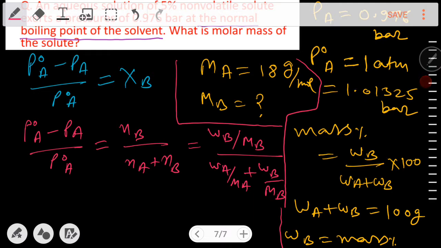Whenever a solution is dilute, we can ignore the value of WB by MB in the denominator, because the value of WA upon MA is larger than WB upon MB, so we can neglect WB upon MB in the denominator.